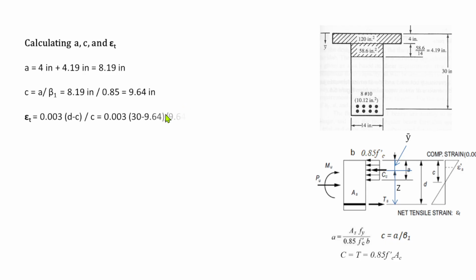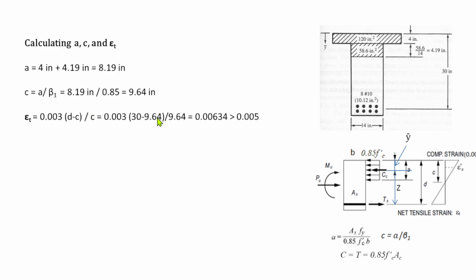The next one is the tensile strain. By ratio and proportion, given c, the strain of concrete 0.003, and the depth d minus c, we will have this equation.